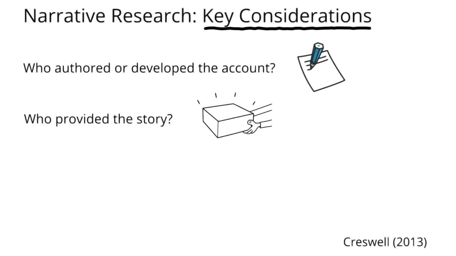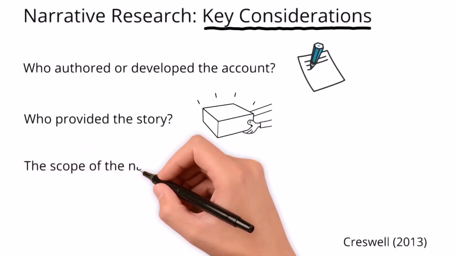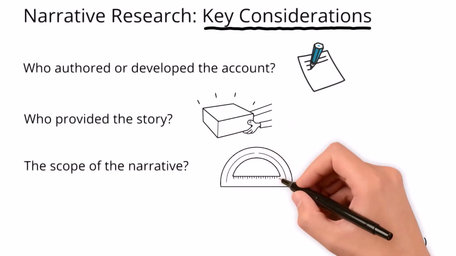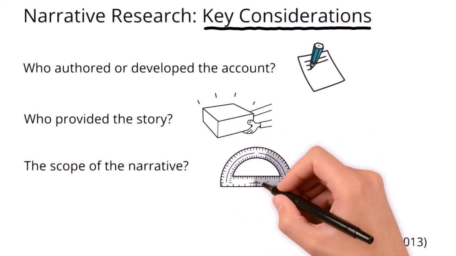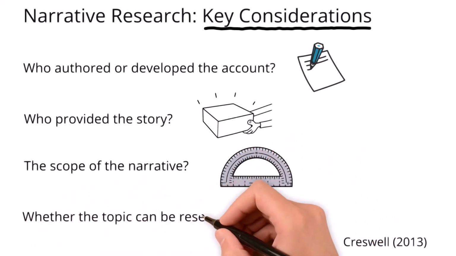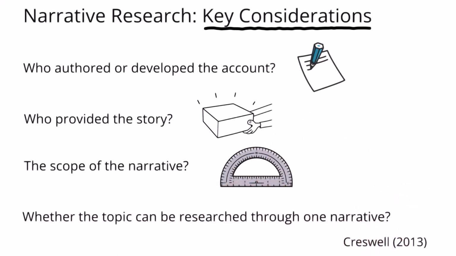We also need to work out the scope of the narrative and story. So how far do we want to go back, or what do we want that narrative or story to include? And whether the topics being researched can be included in one narrative, or do we need several narratives from different angles, or potentially different stories and narratives from the same individual?